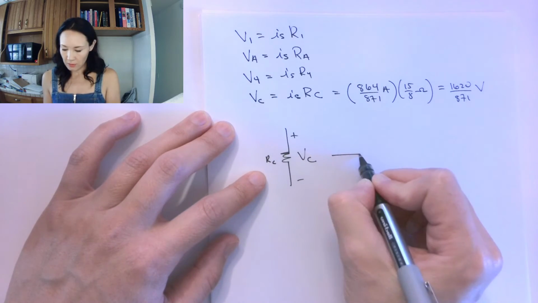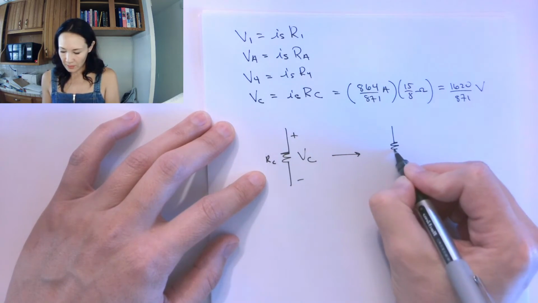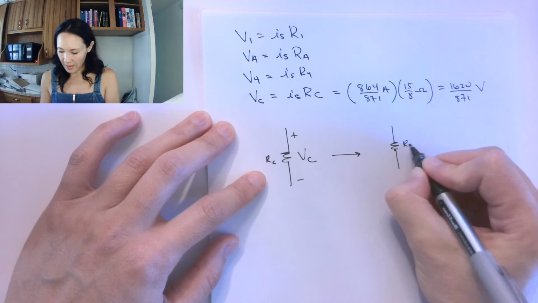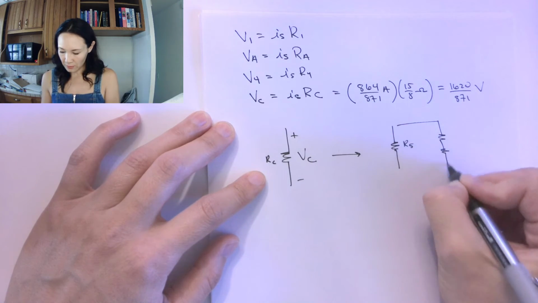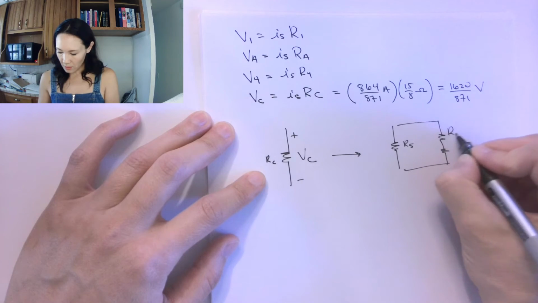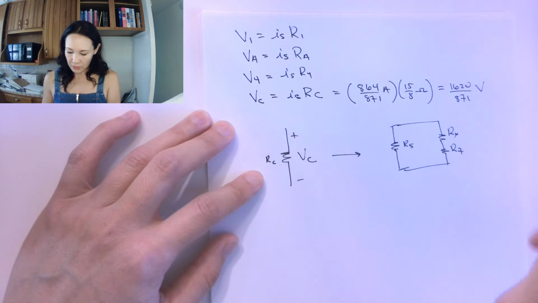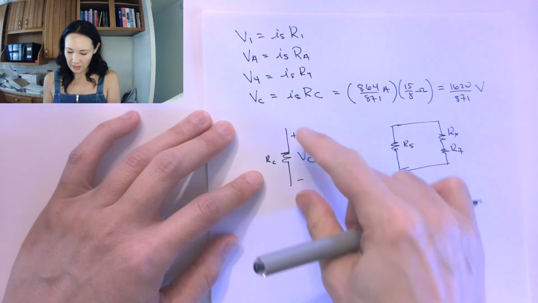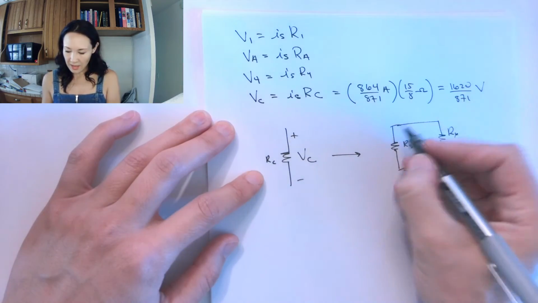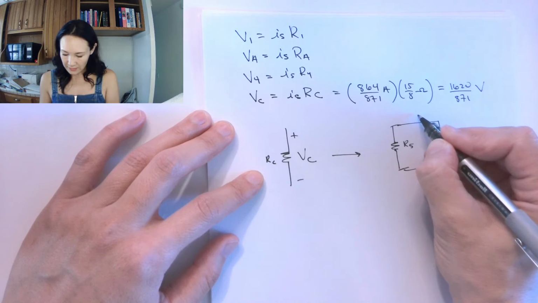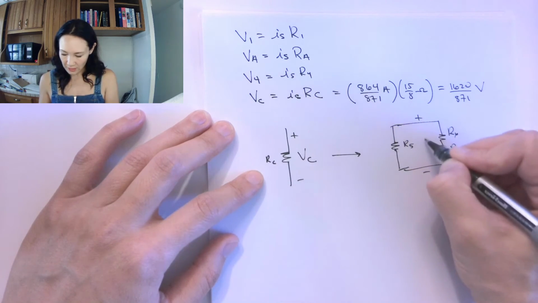I have a numerical value for that. So remember, this RC is R5 in parallel with R6 and R7. So that means that if the voltage drop across RC is VC, that makes VC go from here to here.